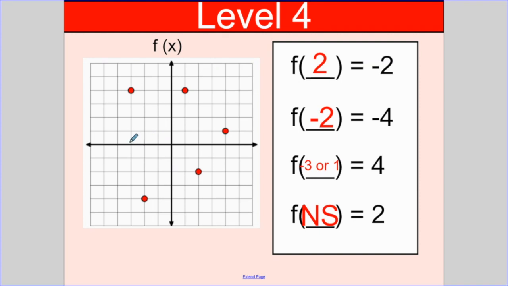Maybe we can even write that. This was -3, 4. And this one was +1, 4. So our output of 4 was in both of these points. So that had 2 answers for the input.